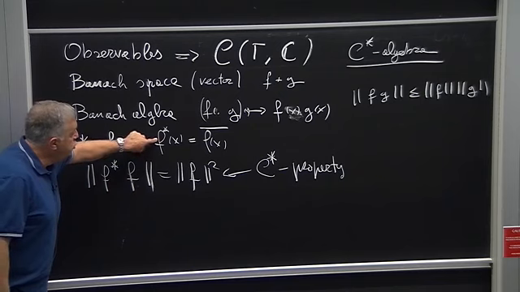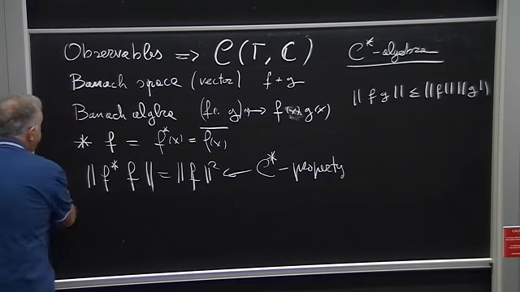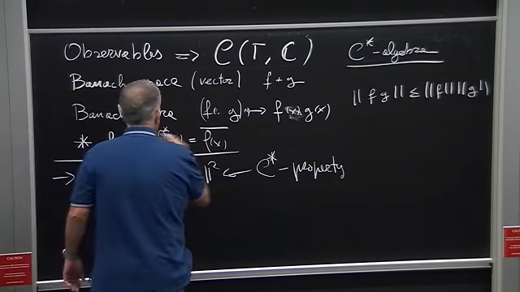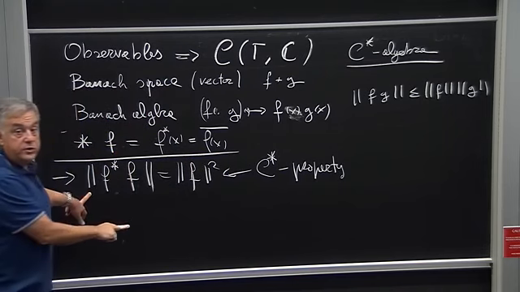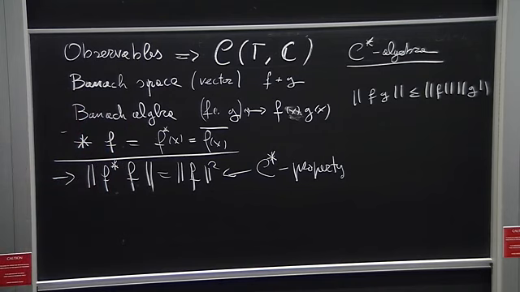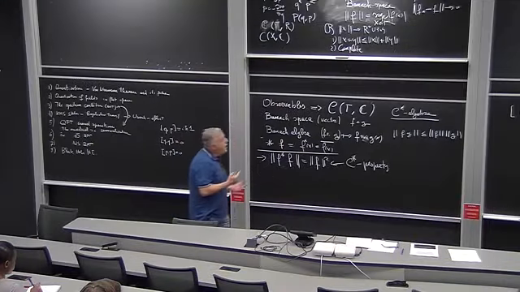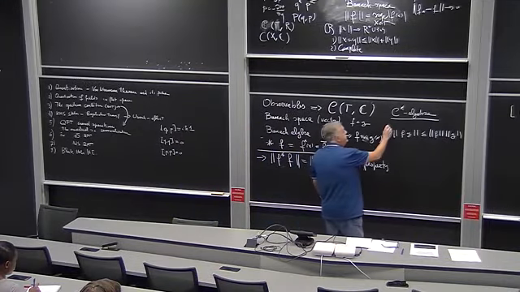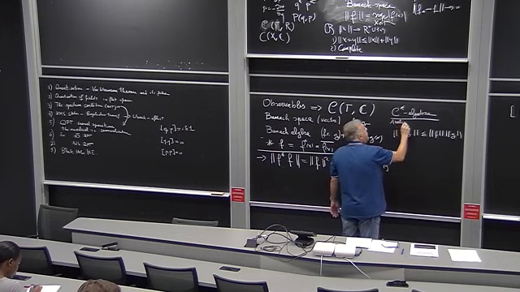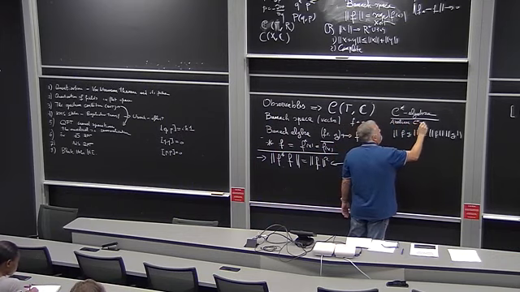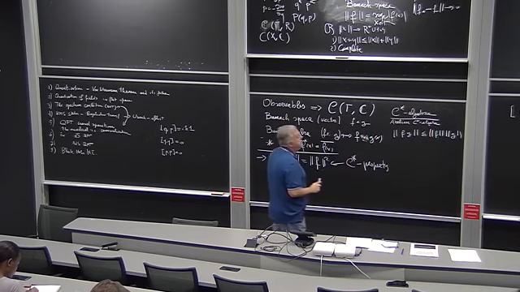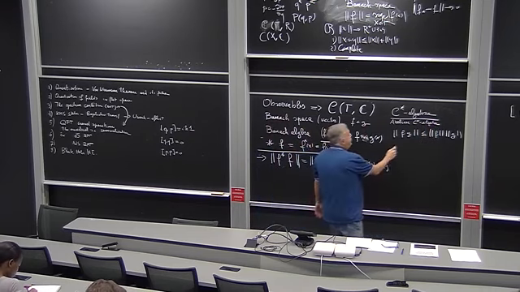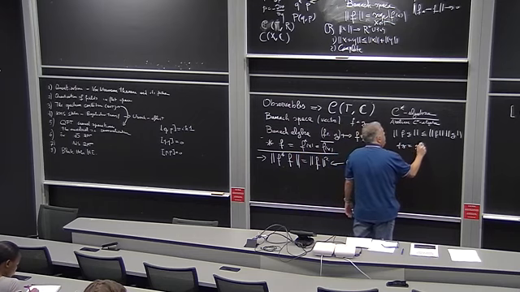There is an involution, and up to here you have what is called a Banach star algebra, and if this property holds, you call it a C star algebra. This is one particular model of an abelian C star algebra, meaning that fg is of course equal to gf.